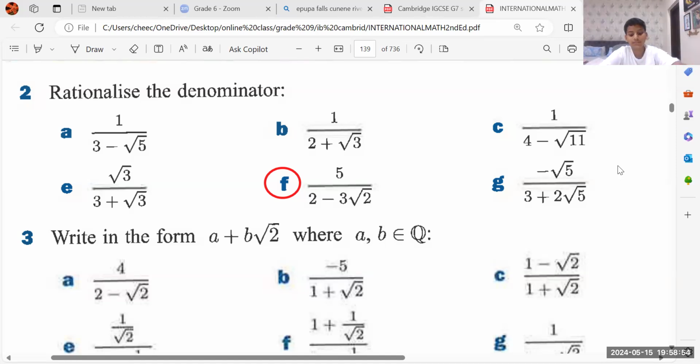Which one is correct? So Ray is correct and the rest are wrong.